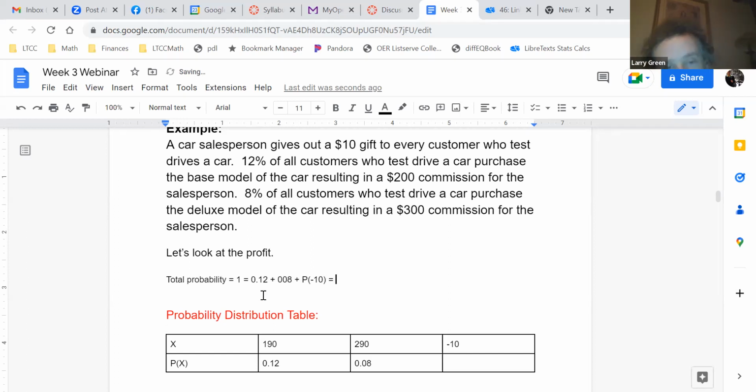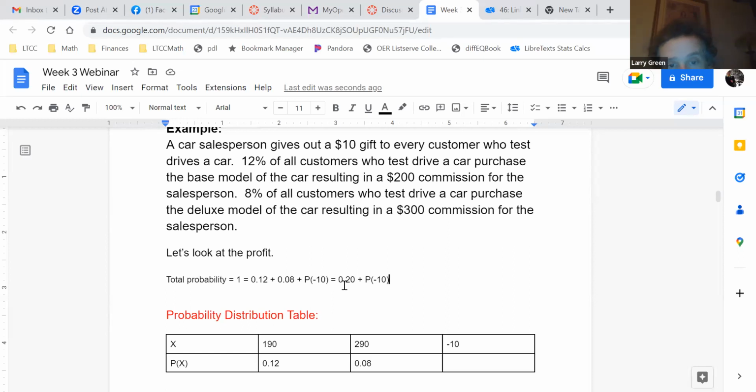And 0.12 plus 0.08 is 0.2. Maybe I'll even write 0.20 because it's easier to see. And that's plus P of negative 10. Any questions on that?